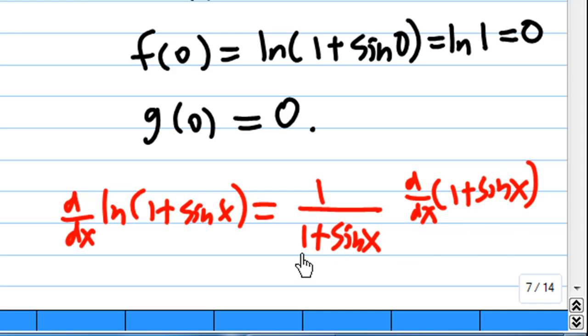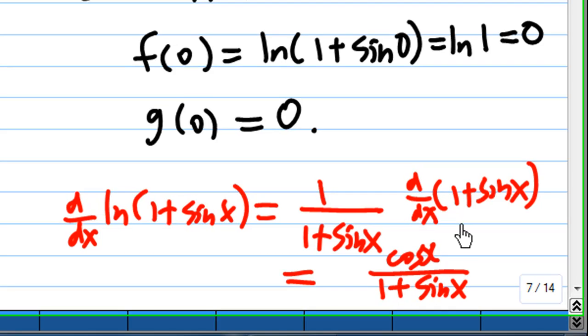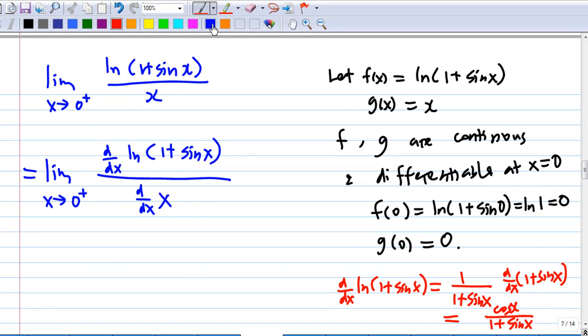This will give you cosine x over (1 plus sine x). And we know differentiating x gives 1. So this is the same as the limit as x goes to 0 from the right. The denominator is 1. The numerator is cosine x over (1 plus sine x).